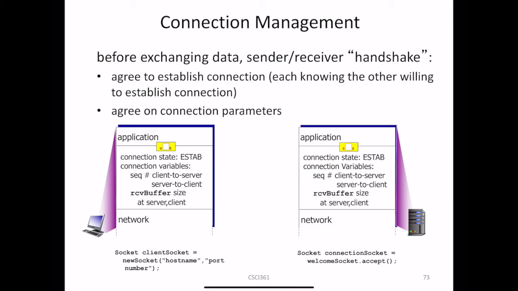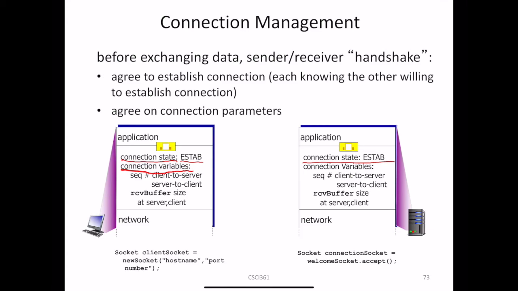For example, each side, no matter the client side or the server side, needs to set the connection state as ESTAB, which is short for established. And for the connection variables, each side will randomly generate a sequence number used later to exchange the data between the sender and the receiver.